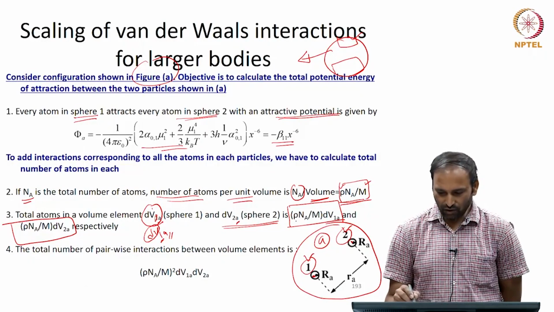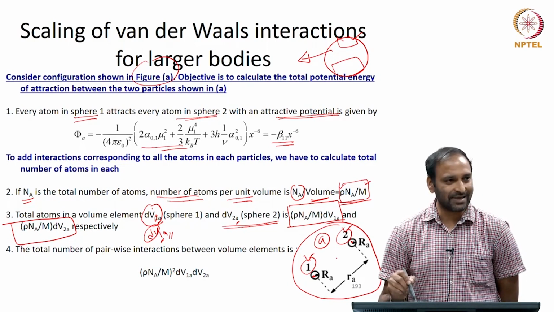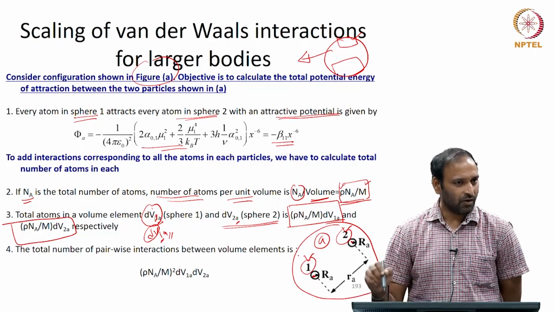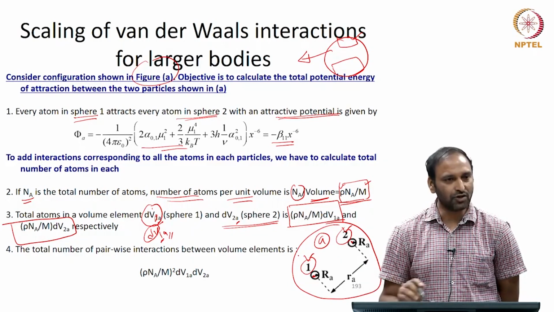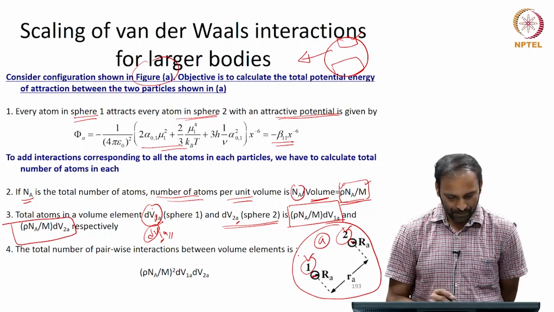Therefore, this rho N_A by m, that is what I was trying to say, whether I take case A or case B, or any particle, this number is going to be same because they are of same composition.